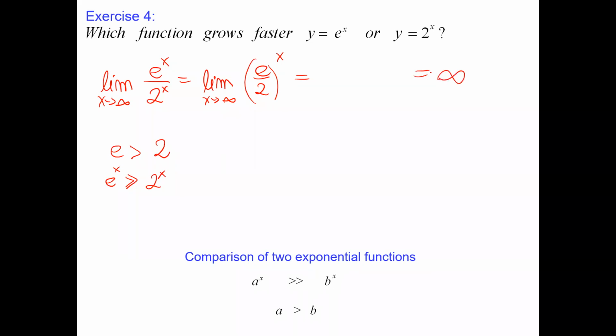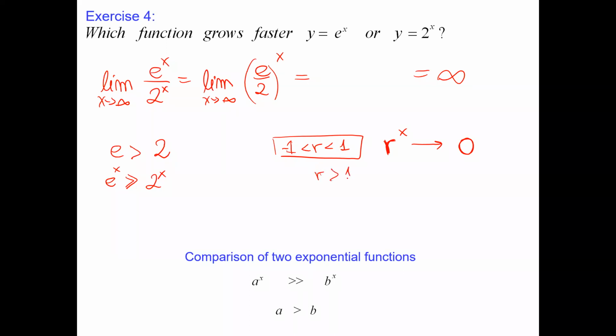That's the same thing when we have some number r to the power of x. If this r is between -1 and 1, a fraction less than 1, the limit at infinity will always be 0 as x goes to infinity.